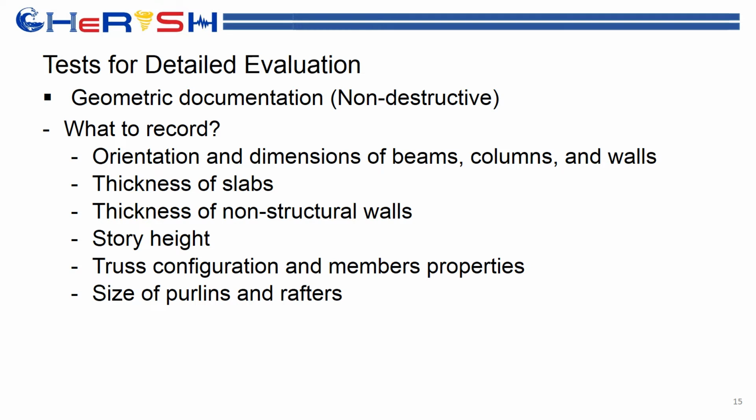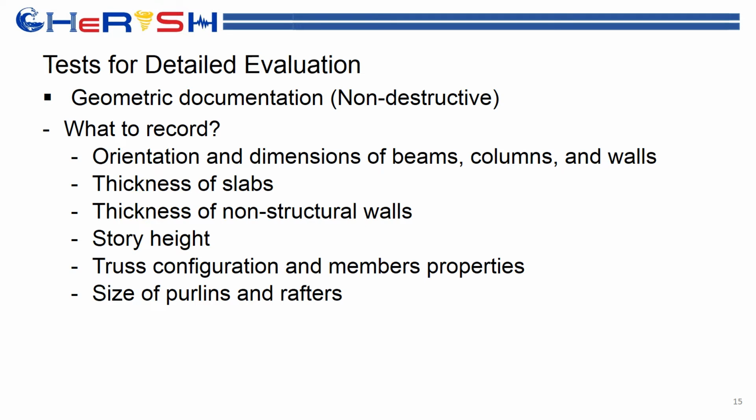Now, in terms of what we call geometric documentation, the needed information, of course, are the orientation and dimensions of the beams, the columns and the walls, the thickness of the slabs, and the thickness of non-structural walls, because, for example, we also need to account for them as loads to the structure.